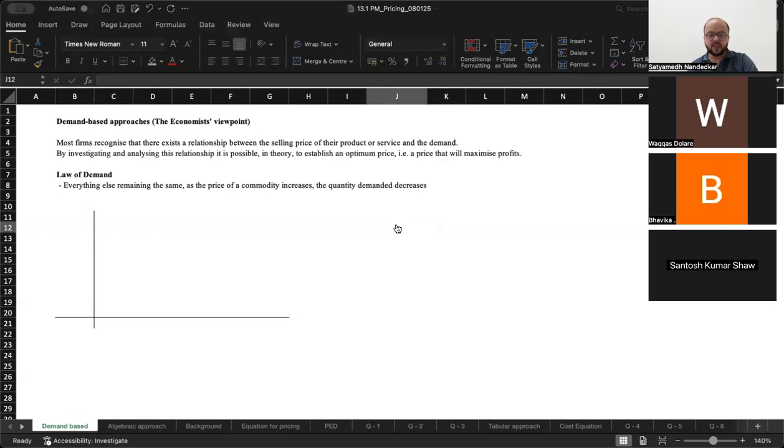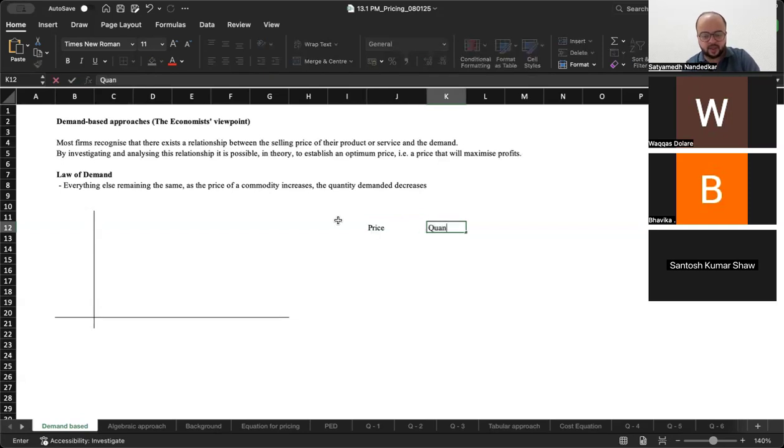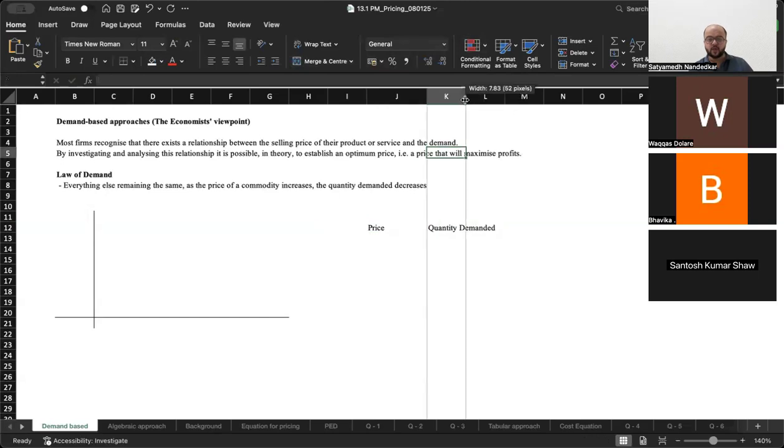The only variables changing are price and quantity demanded. So the basic equation, if I were to prepare a demand schedule, I would say price and then I would say quantity demanded.